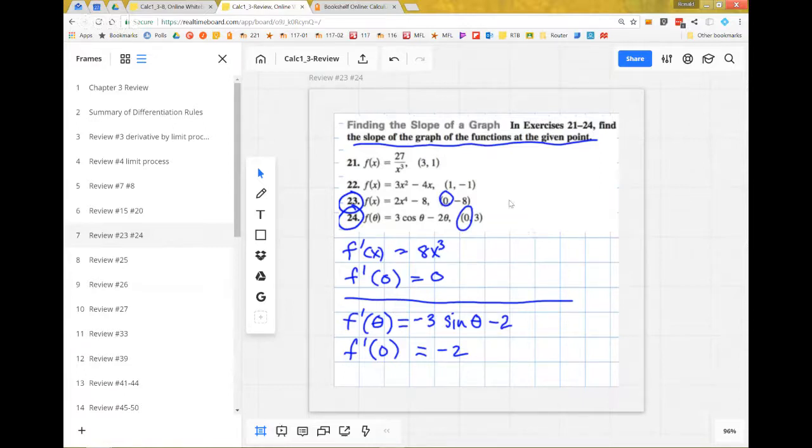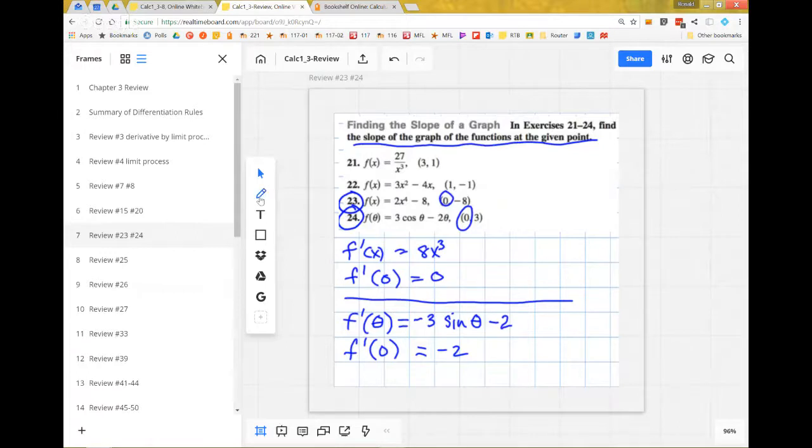So I've maybe messed this up by circling it, but in number 23, the function is 2x to the 4th minus 8. The point is 0, comma, negative 8, and it's that x value of 0 that I've circled. So what's the derivative? Easy. Power rule. 4x cubed times 2 is 8x cubed minus a constant, nothing.